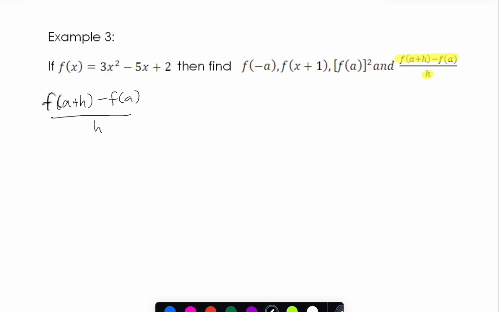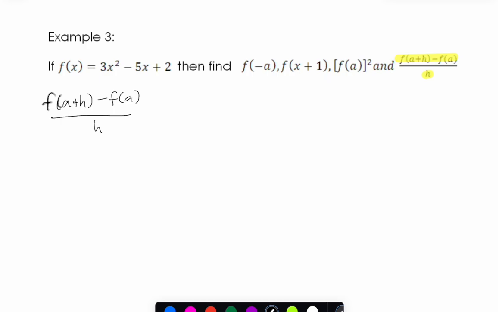That is called the difference quotient. Now, the difference quotient is really nice because if we do the difference quotient to most types of expressions, it should reduce down really nicely and get something much nicer than you expect. So if it doesn't reduce down, it kind of tells you you've made a mistake somewhere.